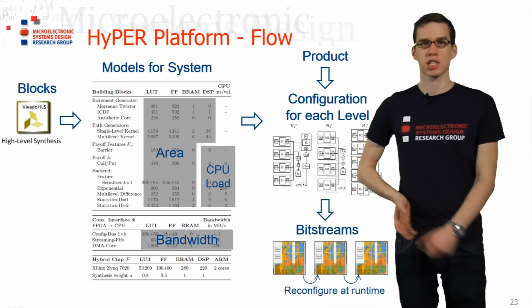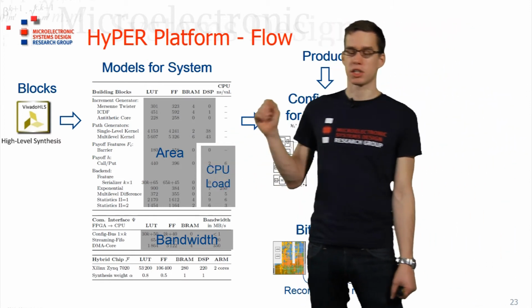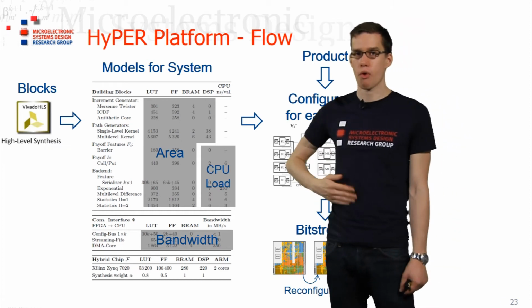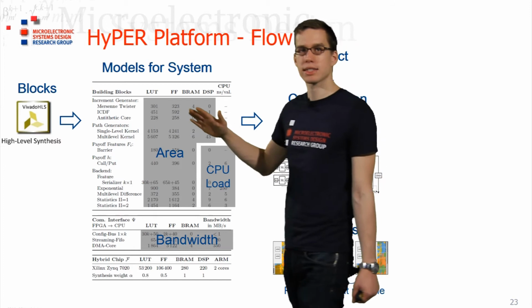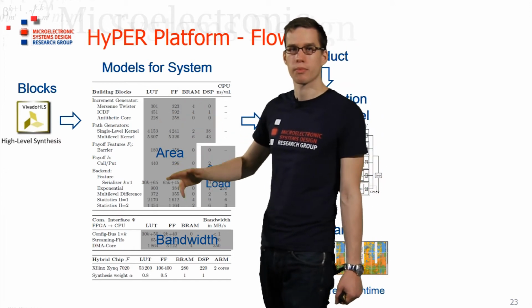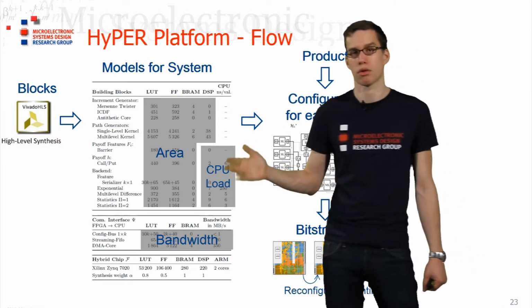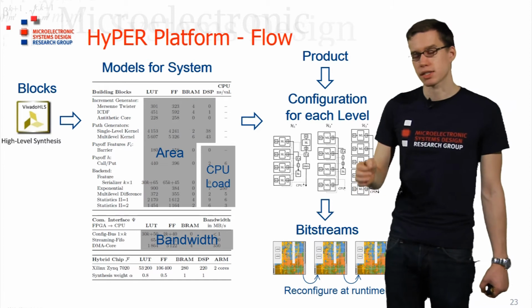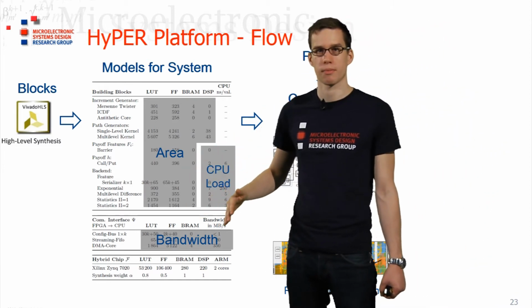Okay. So with that, we can now model the system. For each of the blocks, we can run a synthesis for our specific device, the Sync 7020, and get the area numbers. How many LUTs, how many flip-flops, how many DSPs, how many block RAMs. We can also run the different blocks on our CPU and get the CPU load it generates.